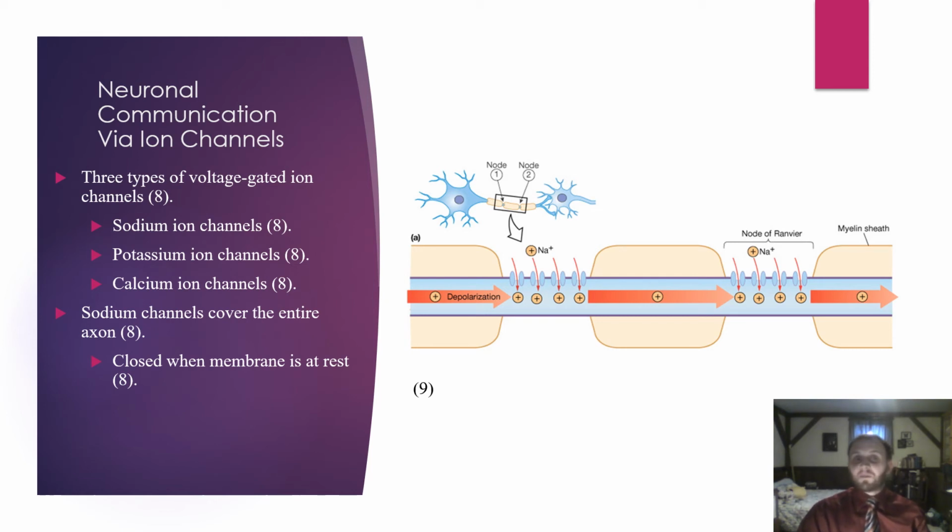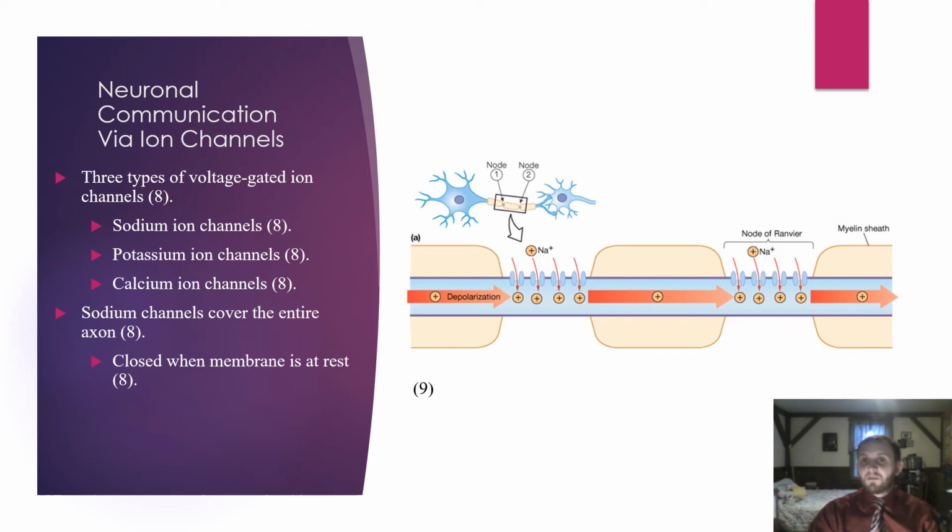And then you have the potassium channels and the calcium channels, and they play a role in such communication as well. So sodium channels cover the entire axon. And we see here, they have these channels on the nodes of Ranvier.